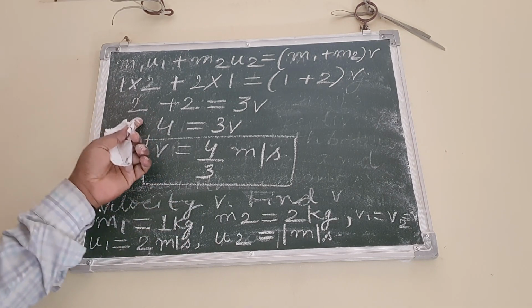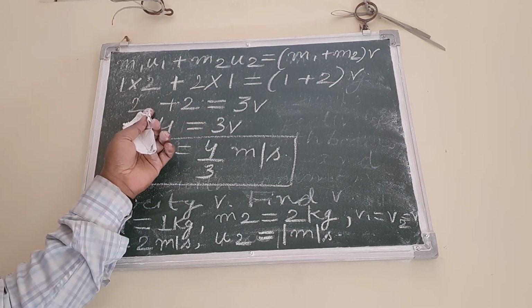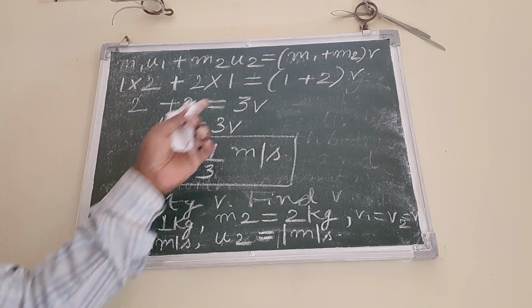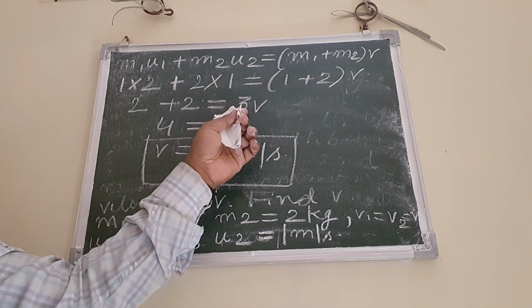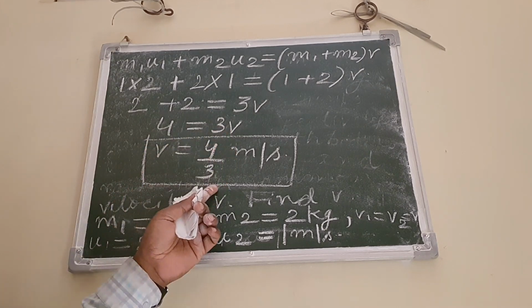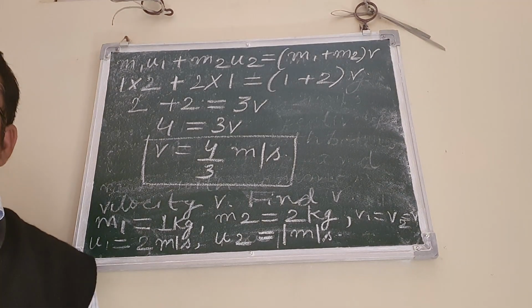Simplifying, 2 plus 2 is 4, and 1 plus 2 is 3. So 4 is equal to 3v, v is equal to 4 by 3 meter per second. It is in MKS unit.